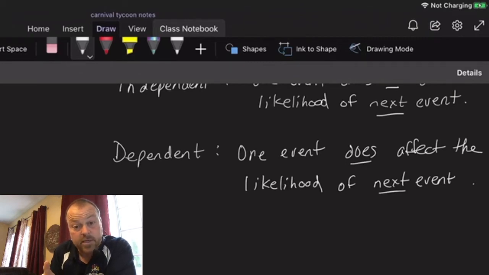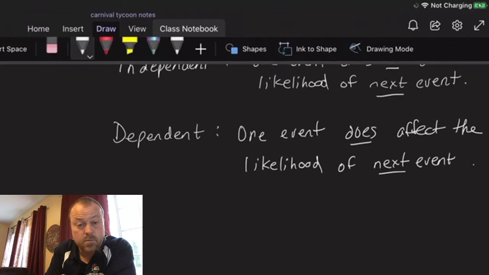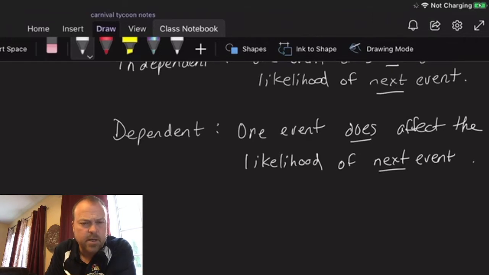So for B to happen, A would have to happen if it's dependent, but if it's independent, B could happen whether or not A happened.